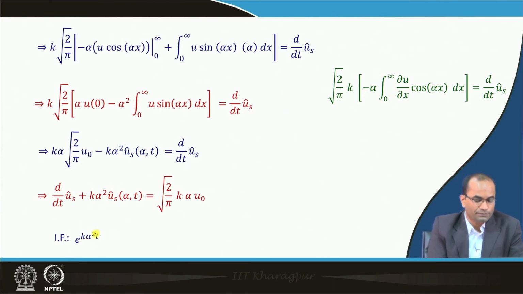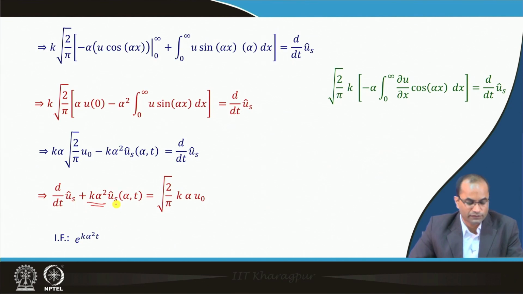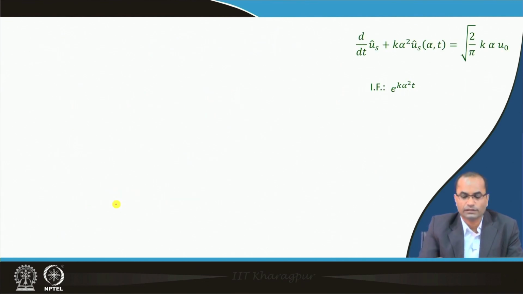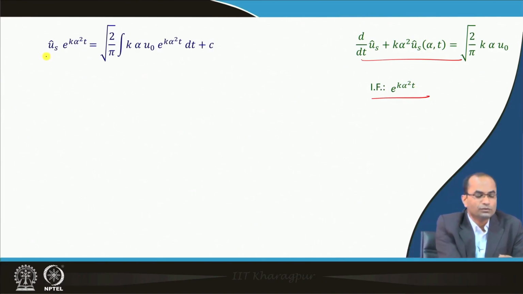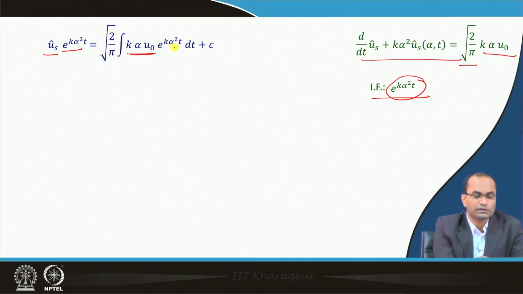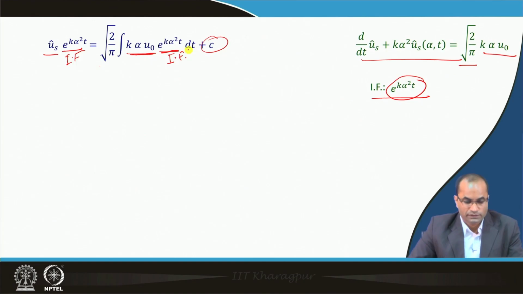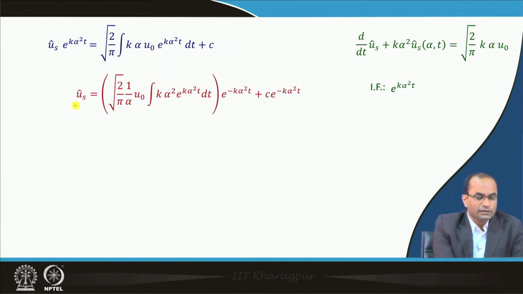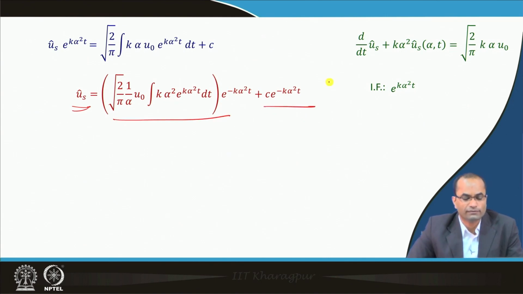So, e power k alpha square t is the integrating factor for this differential equation, and then we can write down its solution, which is u_s times this integrating factor e power k alpha square t, and we have the right hand side here, square root 2 over pi, k alpha u naught, and then e power, this is the integrating factor, and then some constant c. So, having this, we have now u_s hat in this form, c e power minus k alpha square t.